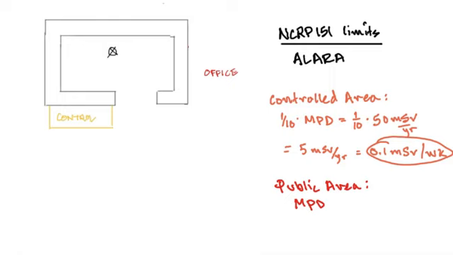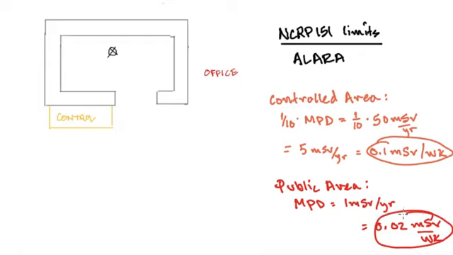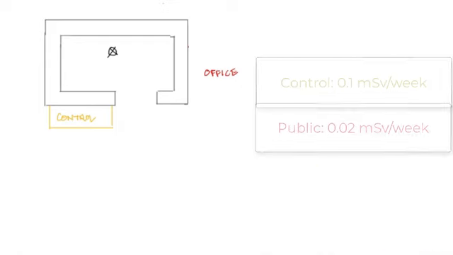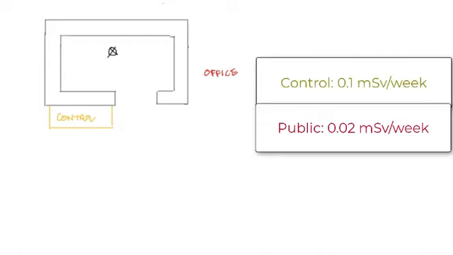So it's not reasonable. So you do the maximum permissible dose, you remember that value, look it up, it's 1 millisievert in a year. And then if we express that per week, this is the value we get, 0.02 millisieverts per week. This is the number you shield for in a public area in a week. So let me just put these in a little box and save them.